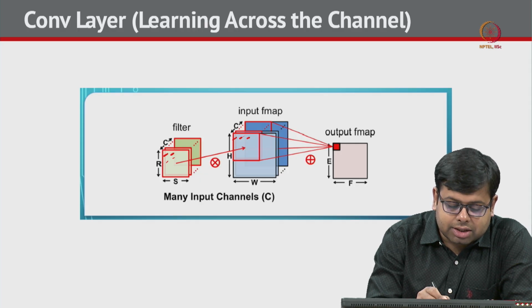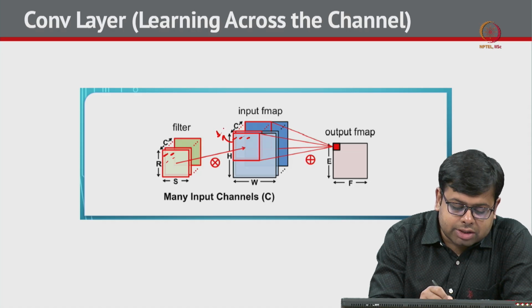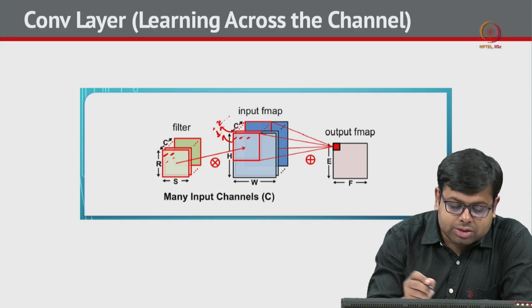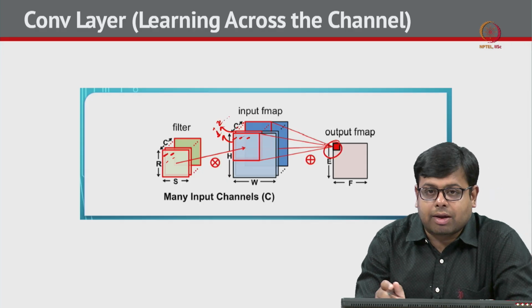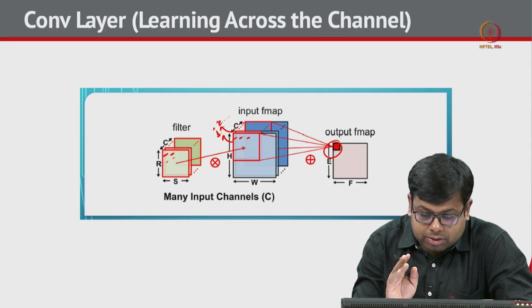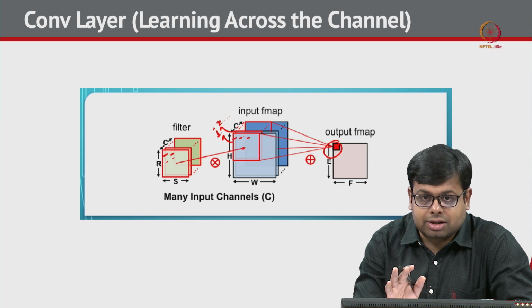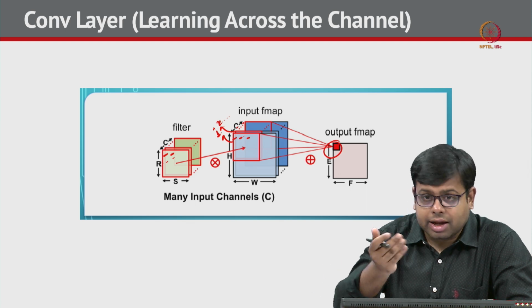So, this will get projected and it will produce one number, and then the next channel of the filter will get projected on the input feature map, it will generate another number, and so on and so forth. So, we will add all those numbers to get this output feature map. Okay. So, that is how this convolutional operation happens if we have multiple channels, right.